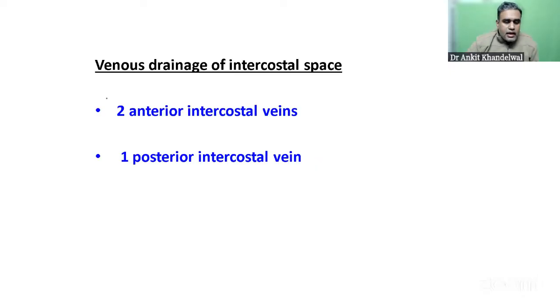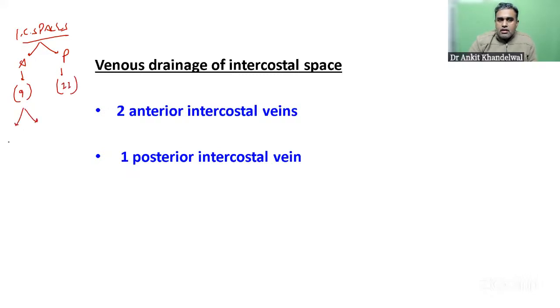As we were discussing yesterday, guys, in the previous session, we have intercostal spaces, right? Both anteriorly and posteriorly. Anteriorly, if I recall how many spaces we had, if you're thinking 9, correct, and posteriorly how many spaces did we have? 11 spaces. In both the anterior and posterior spaces, we have arteries and veins.